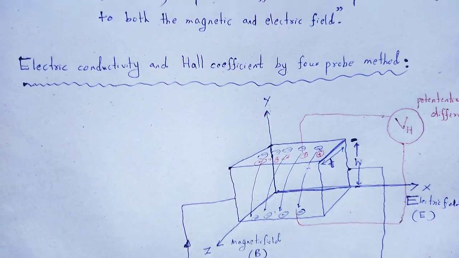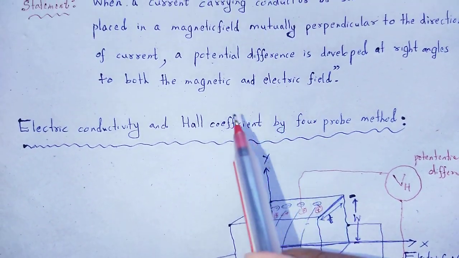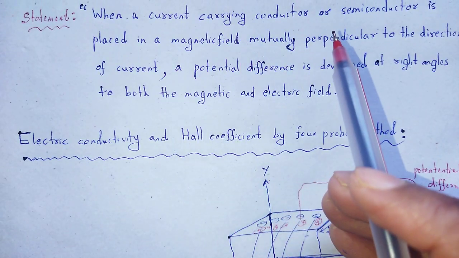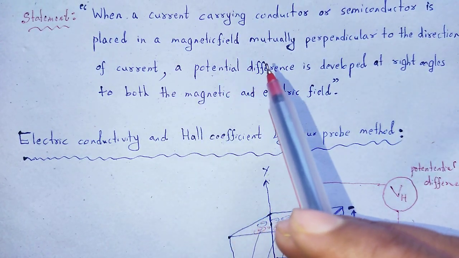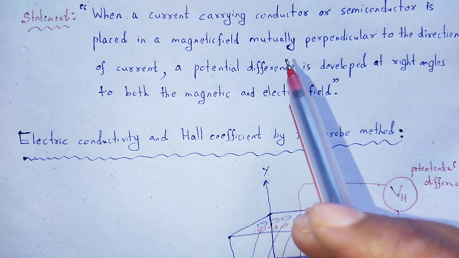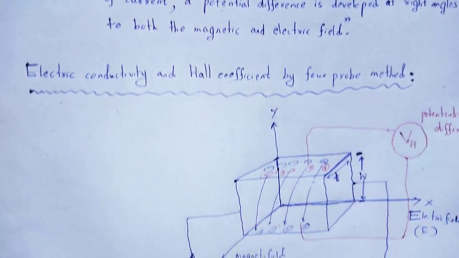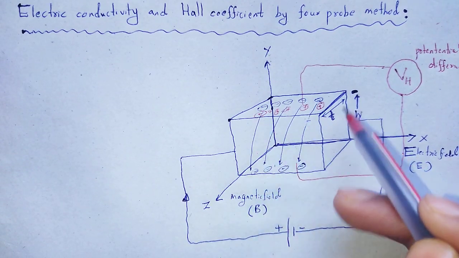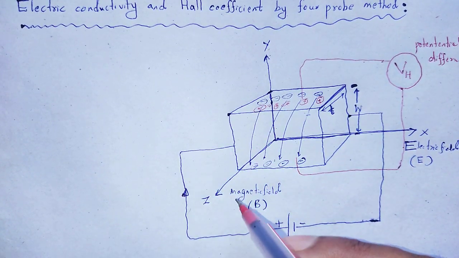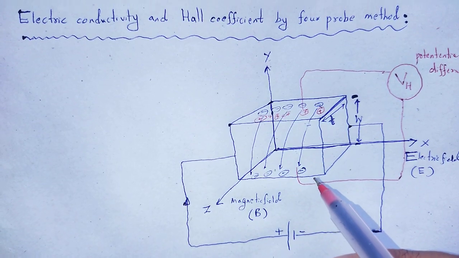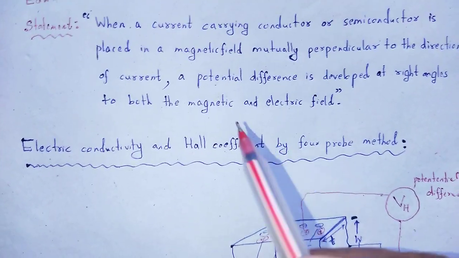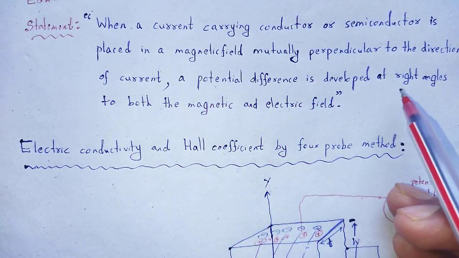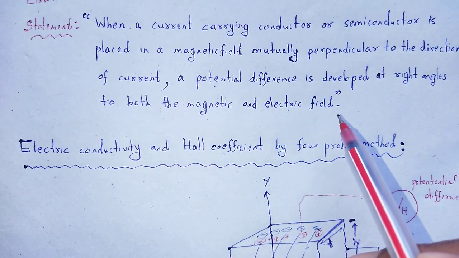As the Hall effect suggests, when a current carrying conductor or semiconductor is placed in a magnetic field which is mutually perpendicular to the direction of current, a potential difference is developed at right angles to both the magnetic and electric field.